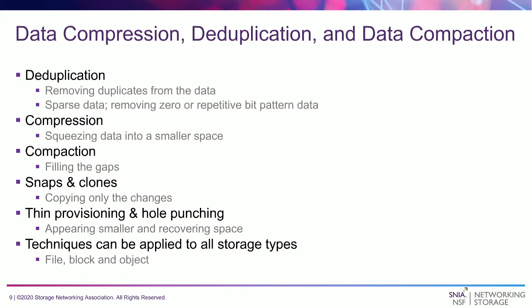The interesting thing about these techniques is that they can be applied to all storage types. So if you think of storage types at a fairly high level as being things like files, as PowerPoint presentations, PDFs, text files, etc. Block-based, that's things that databases usually live on.